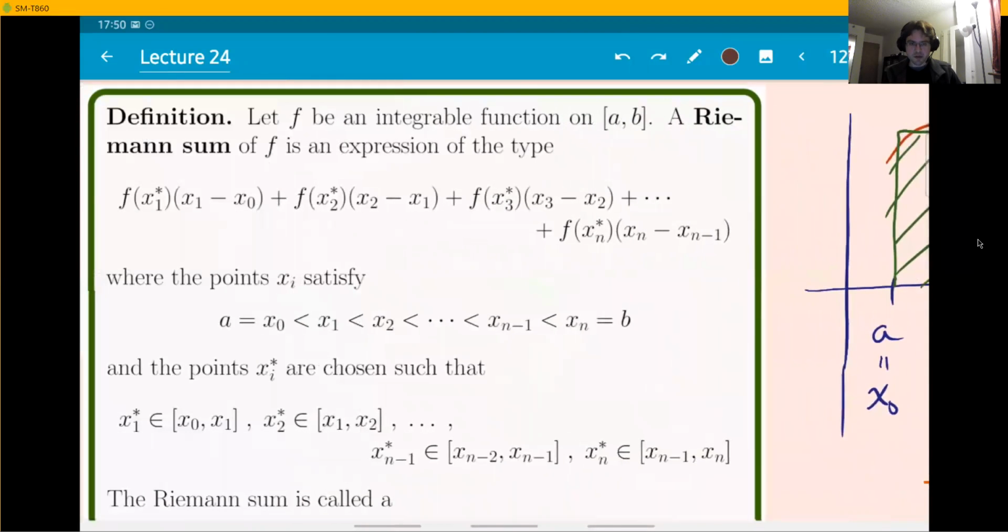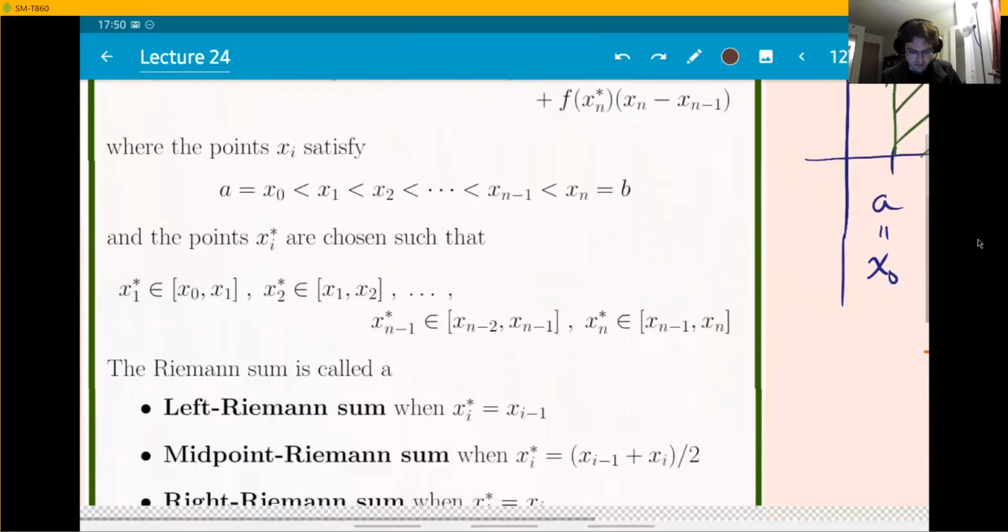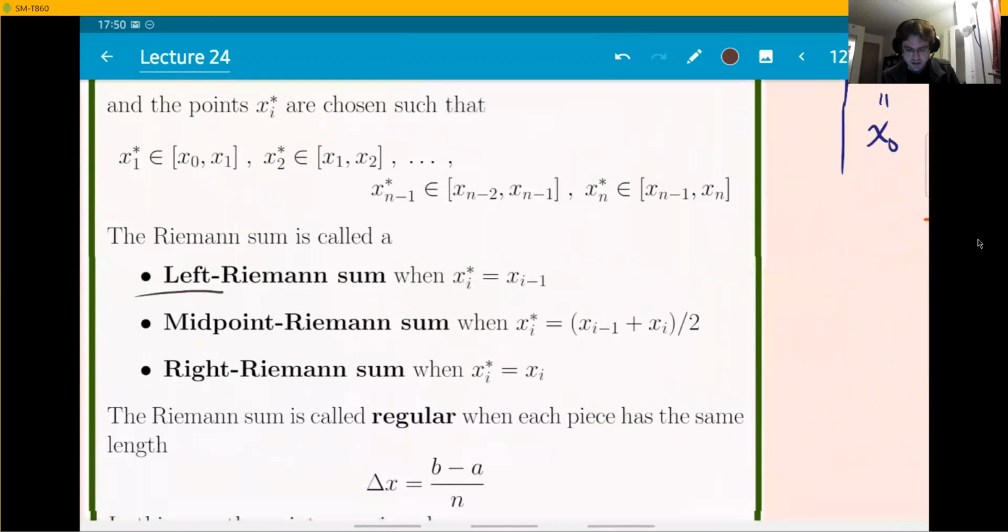So this is what a Riemann sum is, and we're also going to give some names for special types. The Riemann sum is going to be called the left Riemann sum when this happens. What is this saying? This is saying that for every i, the xi star point, the one that you select to be where the height of the rectangle will be located, is the left side point.